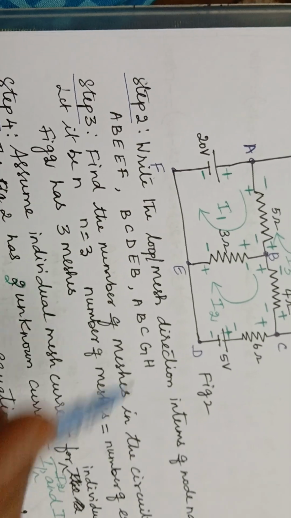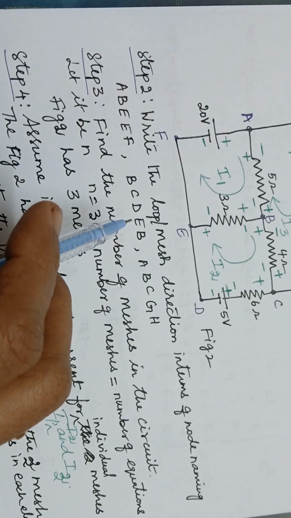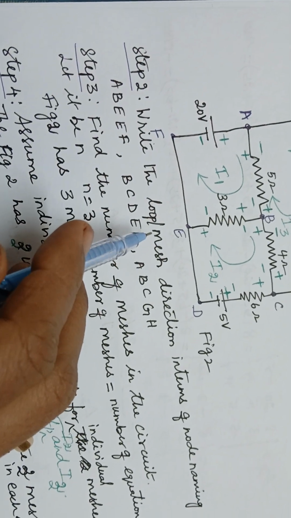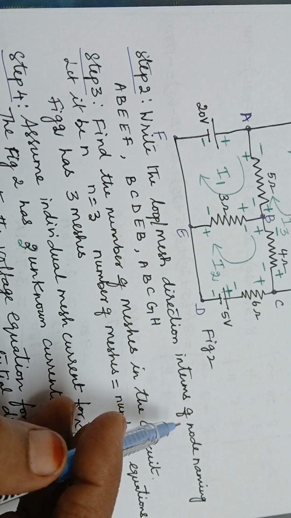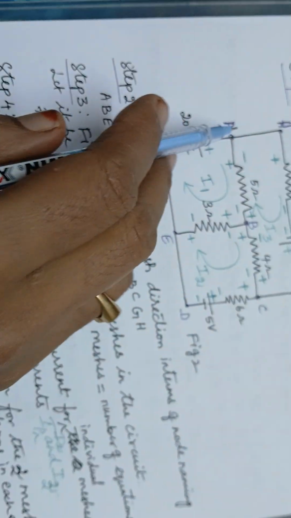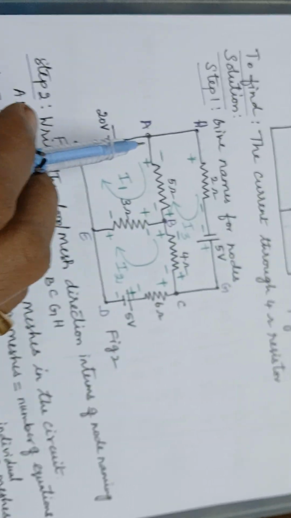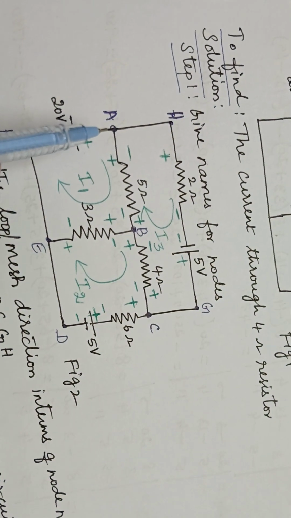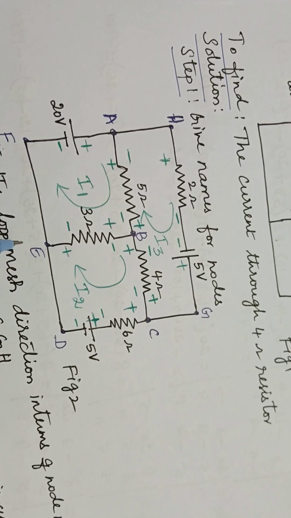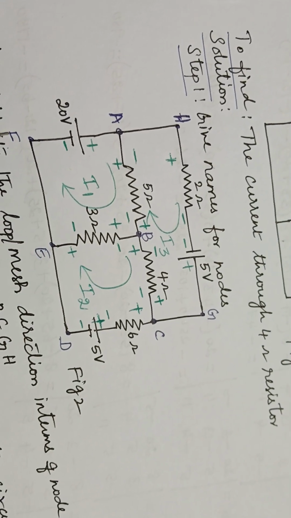The next step is to write the loop or mesh direction in terms of the node namings. These are the loops or meshes: A, B, E, F is one loop.